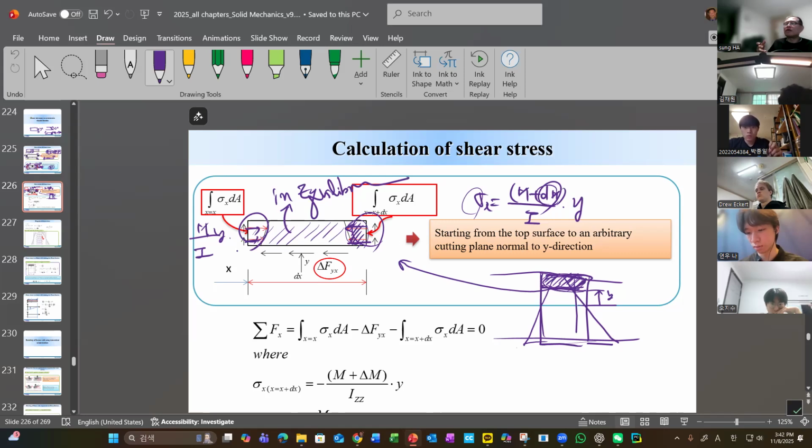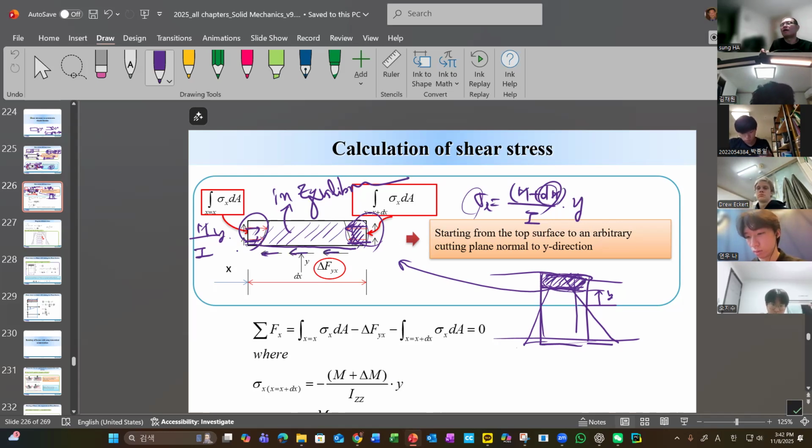So to make this one in equilibrium, we have to have an additional X directional force. Then where can this additional X directional force come from? From the bottom surface. This is the bottom surface. This will be the X directional stress.